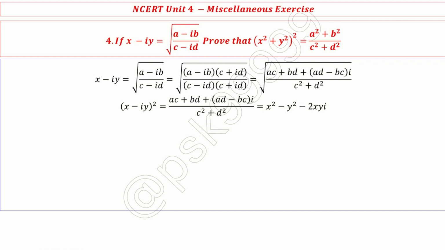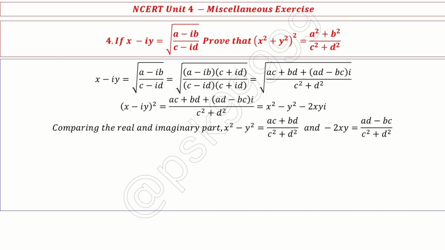Now (x minus iy) whole square equals, if I square it, this is what I will get, removing the square root on the RHS, which is equal to x square minus y square minus 2xyi.